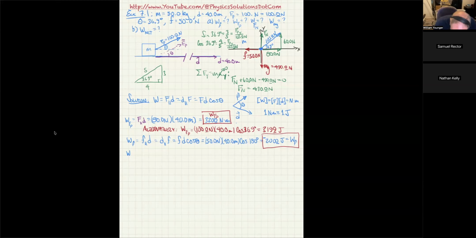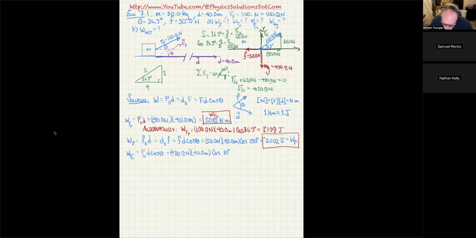But now we're going to do the work done by the normal force. And this is a case where we're going to use the normal force times d times cosine of the angle between them. In this case, the normal force we found was 430.0 newtons. The displacement was 40.0 meters, and the cosine of theta, theta in this case is 90 degrees. It doesn't really matter whether it's positive 90 or negative 90.